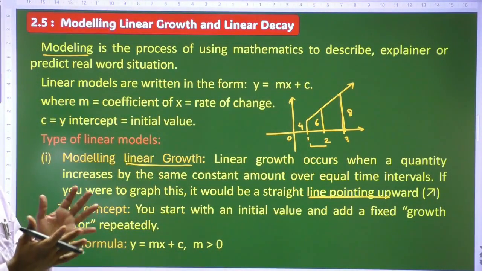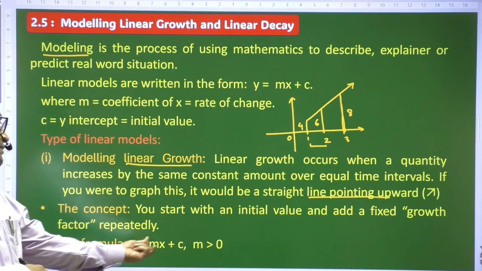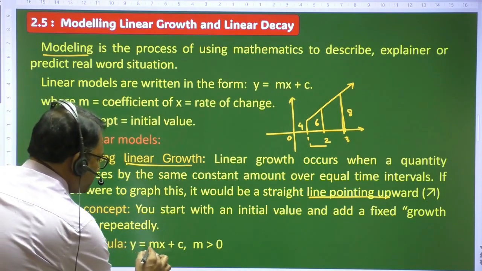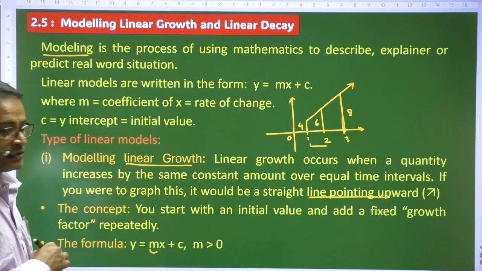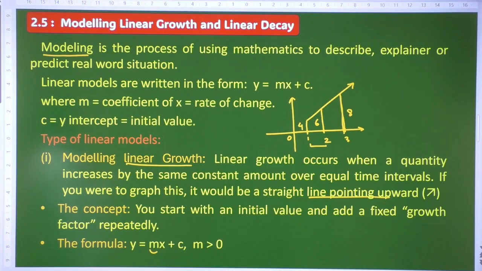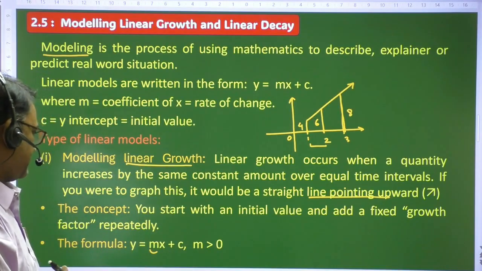Its algebraic expression will look like y is equal to mx plus c, where this growth factor m is always positive. It is nothing but the slope, or you can say the rate of change in y with respect to x.